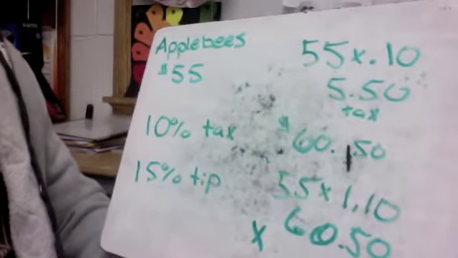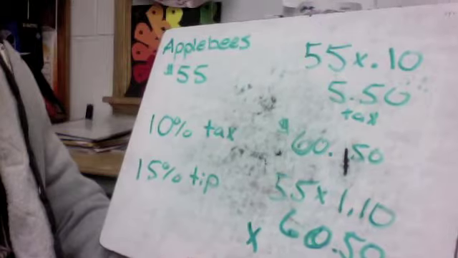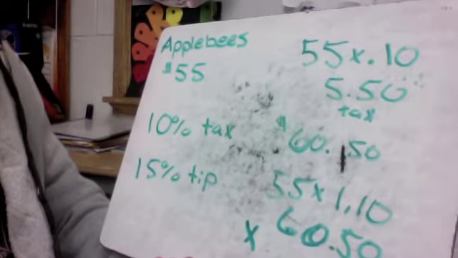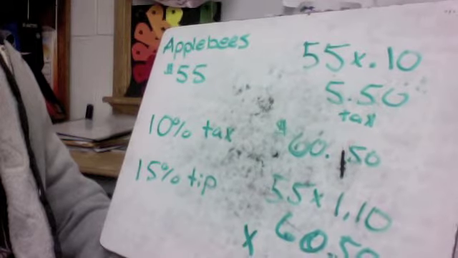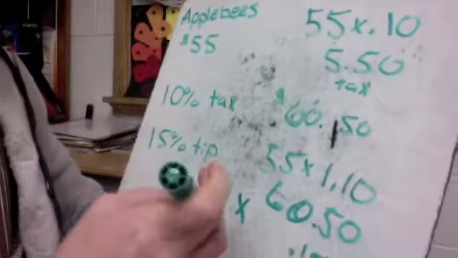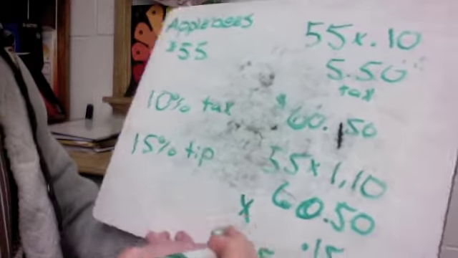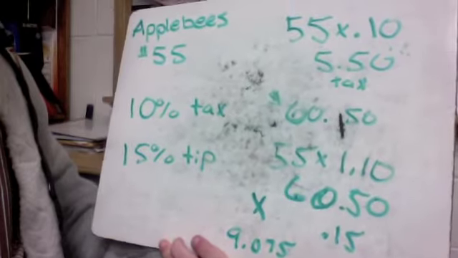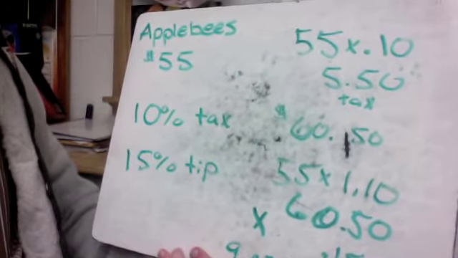So all I need to do is, on your calculator or on your paper, doesn't matter, $60.50 times 0.15 is going to get you 9.075. Now, you got to understand that we're dealing with money this time around, so there's only 2 decimal places for money.